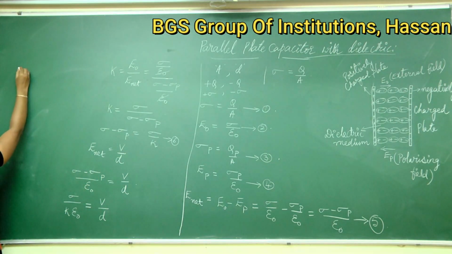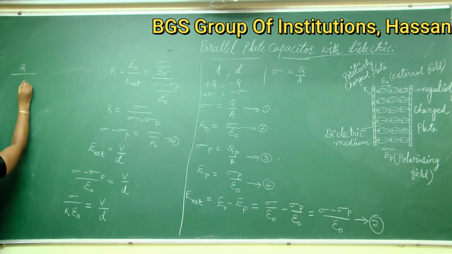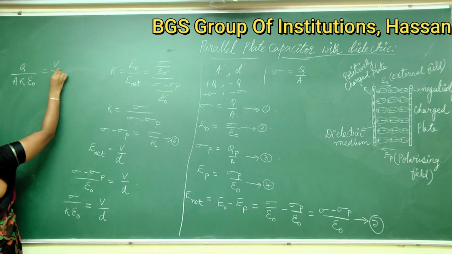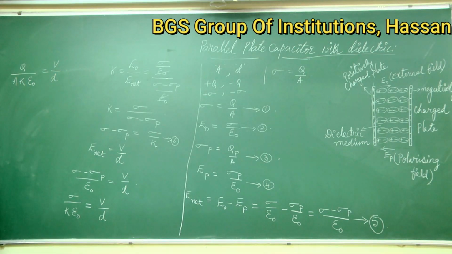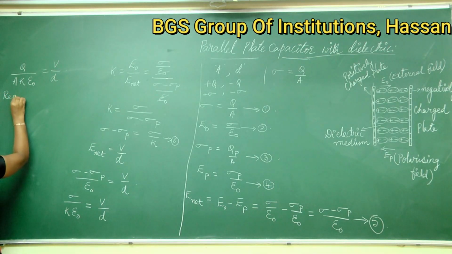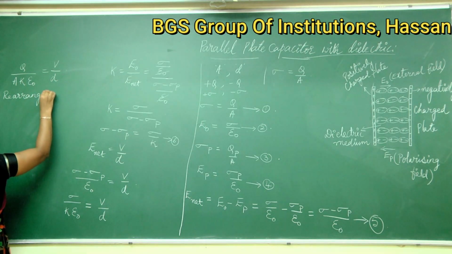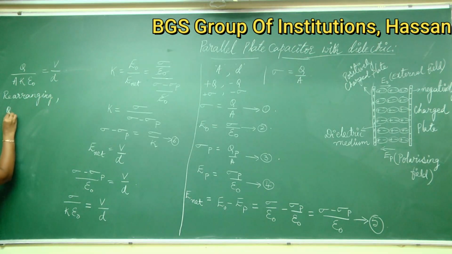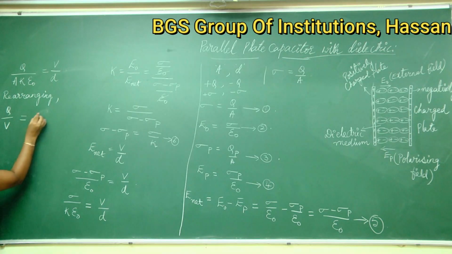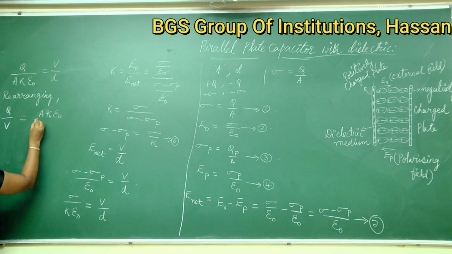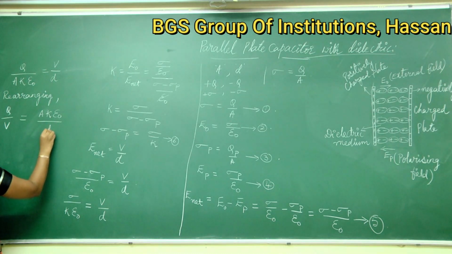We have Q divided by A K epsilon naught is equal to V by D. Now rearrange the equation. Rearranging, we have Q by V is equal to A K epsilon naught divided by D.